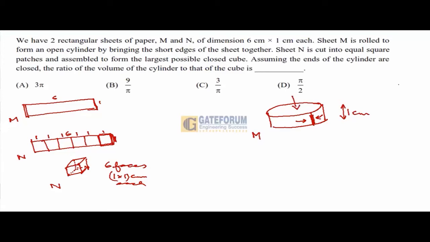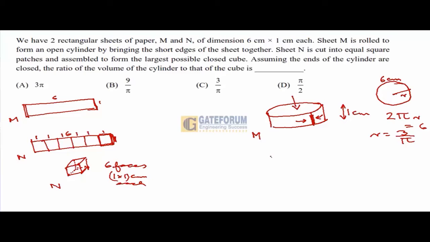So from the top, the curved surface would look like this, with this circumference being equal to 6 centimeter and this as the radius. We know that the circumference is nothing but 2 pi r. So basically 2 pi r is equal to 6, or we can say r is equal to 3 by pi. We have got the value of r.